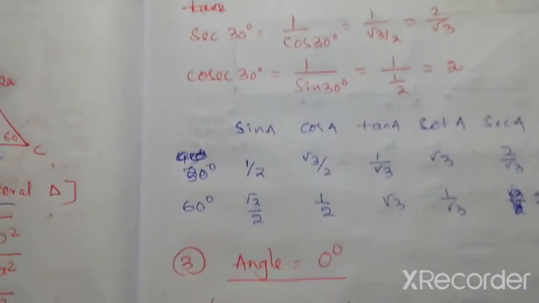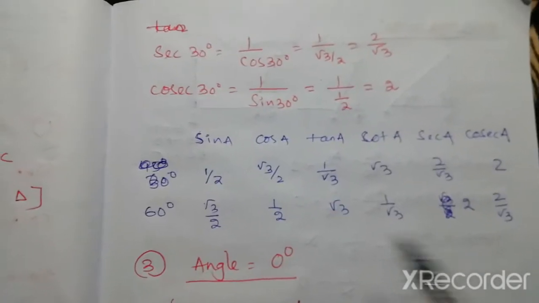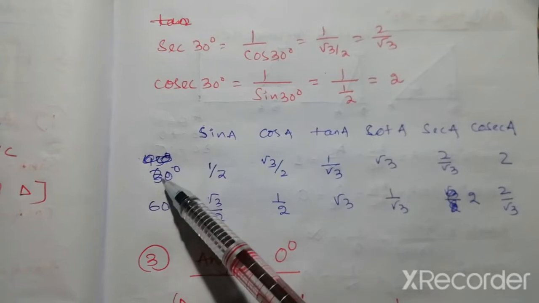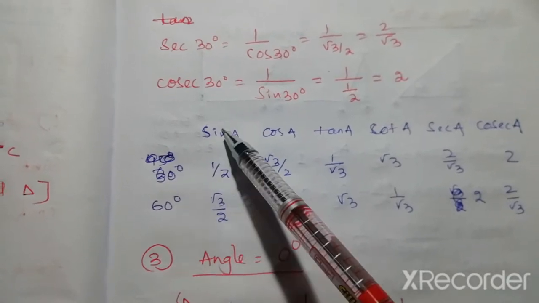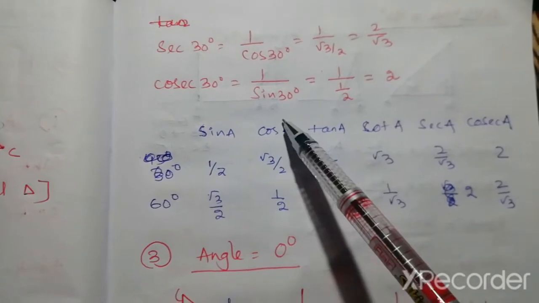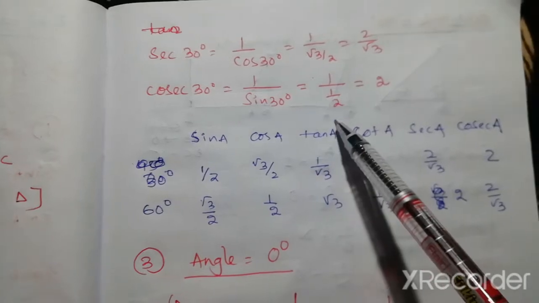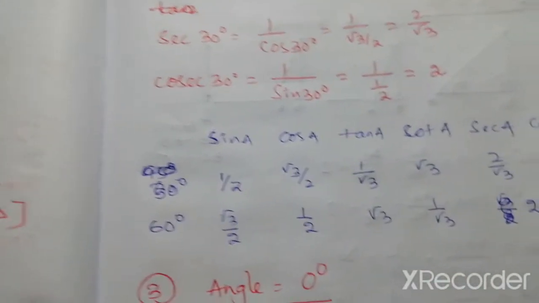So now, if we prepare the table, look, this one is sin A, this is 30 degree, 60 degree. Sin 30 is 1 by 2, sin 60 is root 3 by 2. Like that, cos 30 is root 3 by 2, cos 60 is 1 by 2.